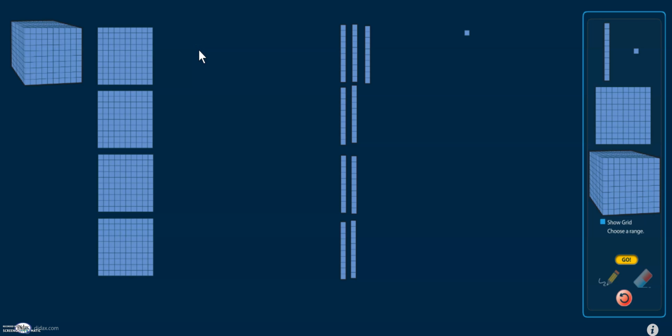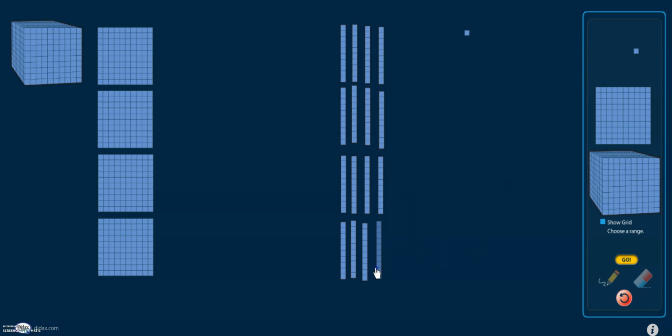None of our hundreds, because we have a 0 in that place, and 9 more of these tens. Okay, and 1 of our ones blocks.